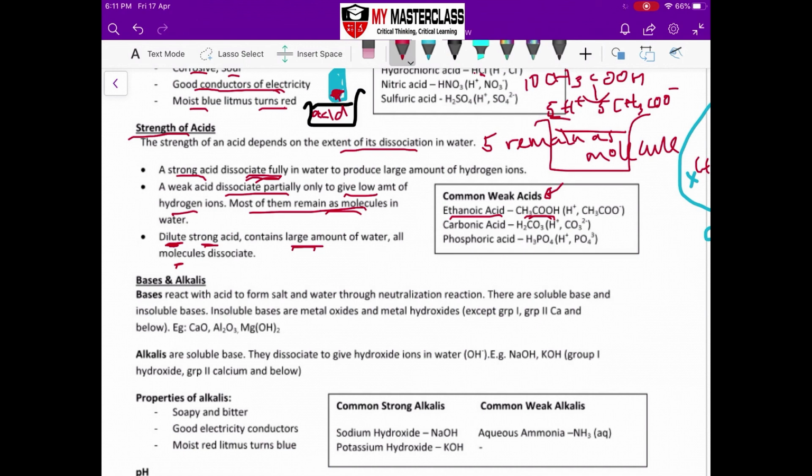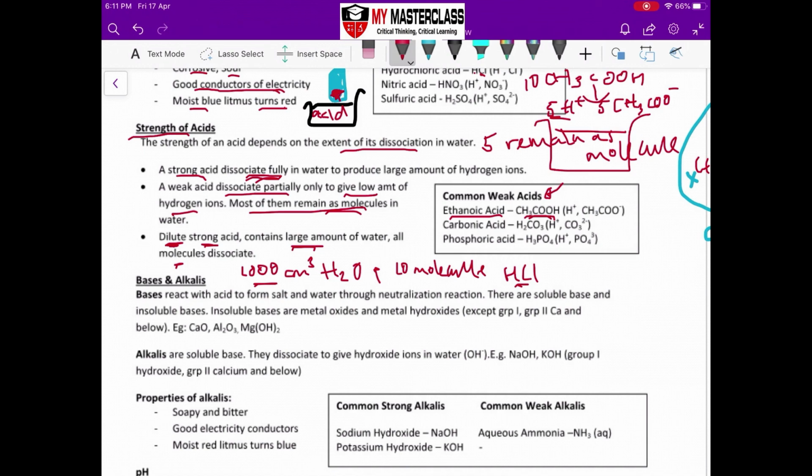So for example, if I have 1000 cm3 H2O, the water, and then I try to dissolve 10 molecules HCl, right? This one will be a dilute strong acid, because my HCl, all 10 will separate, but I dissolve it in a lot of water.